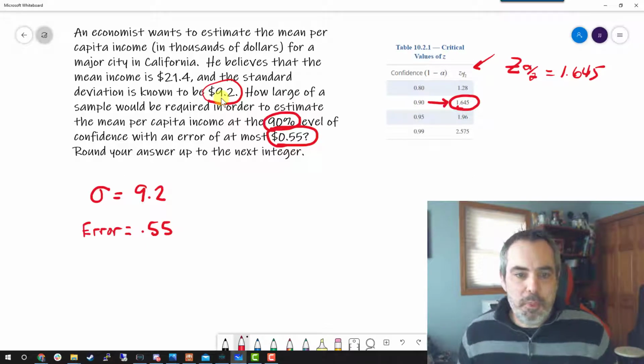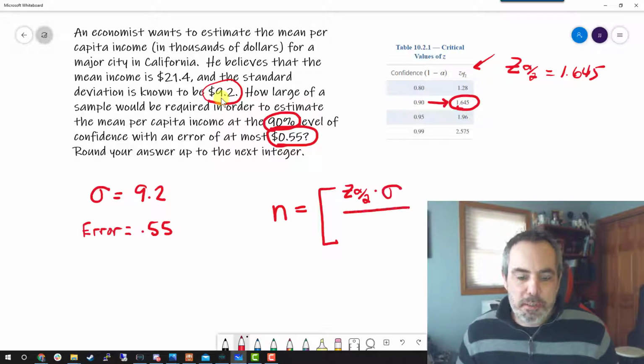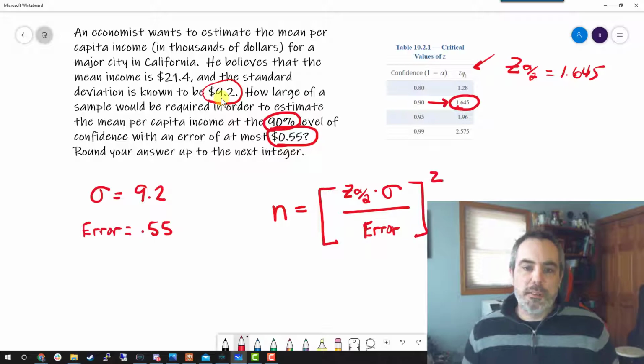To find the sample size, the formula is we are going to take this Z value, the critical value, and multiply it by the standard deviation divided by the error that I'm looking for, and then we are going to square all of this.